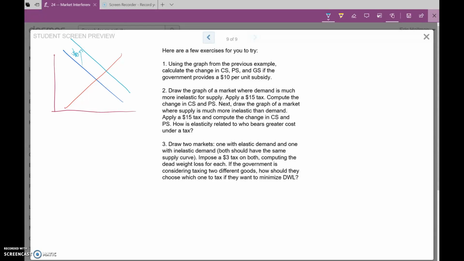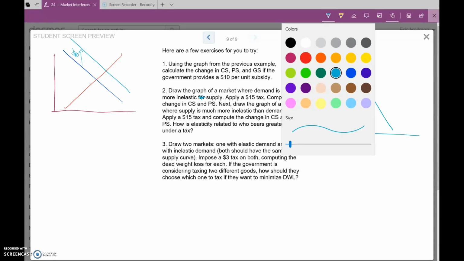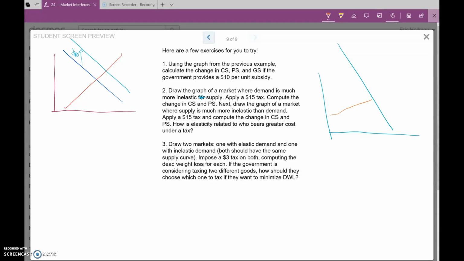Number 2, draw the graph of a market where demand is much more inelastic than supply, and then apply a $15 tax. So for number 2, you want to start out with a situation where demand looks something like this, and supply looks something like this, and apply a $15 tax.